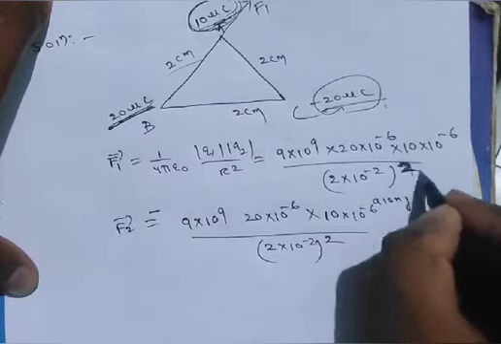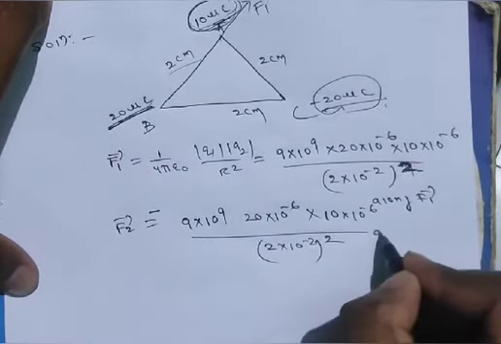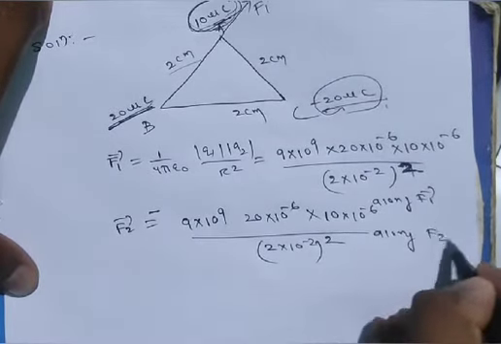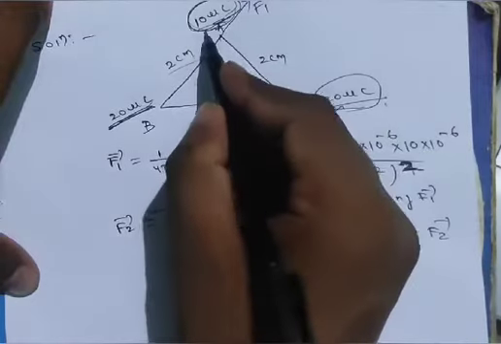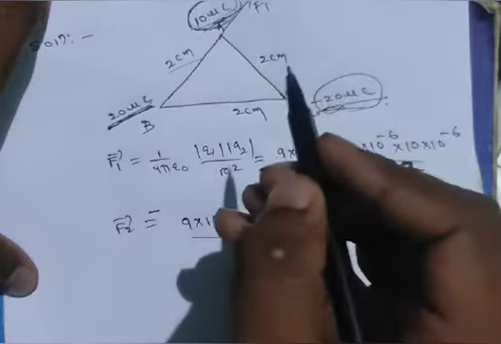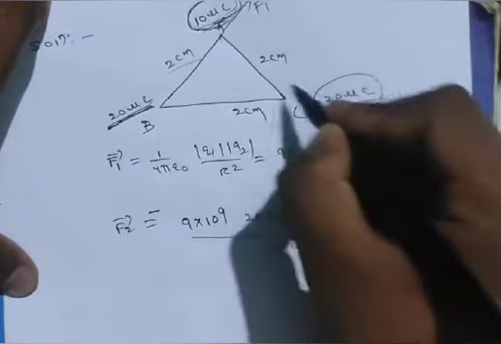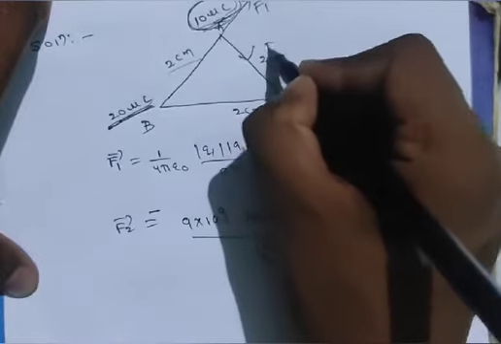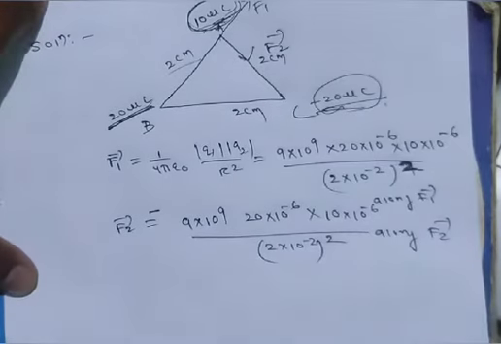This is directed along F2. This is a negative charge and this is a positive charge, so the force of interaction between them will be attractive, so the force will be directed along F2.